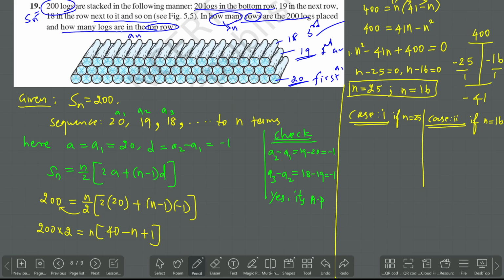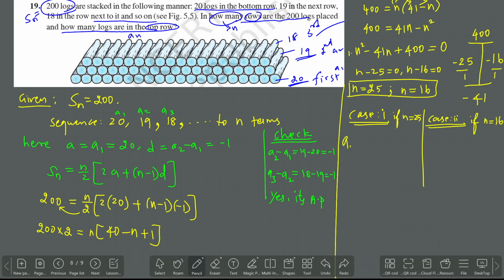If you are getting 0, it is wrong. 0 wood, how can it be at the top? Some wood will be there, right? At least 1 wood. Am I right? When they arrange in a triangle shape, at the top at least 1 wood will be there. There is no 0 wood, there is no negative wood. So if 0 or negative is coming, we will reject it from 25 and 16. Understand? That is what I am going to do.